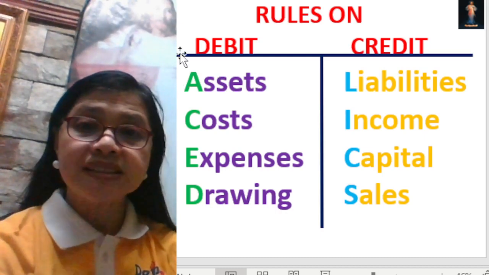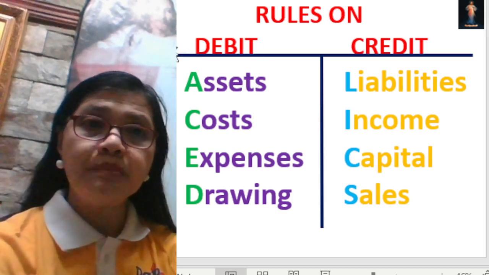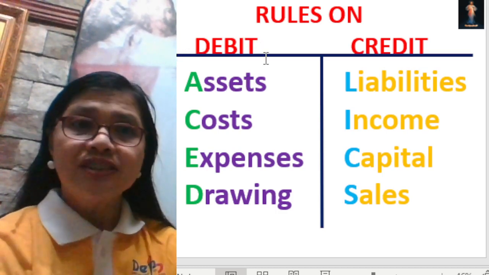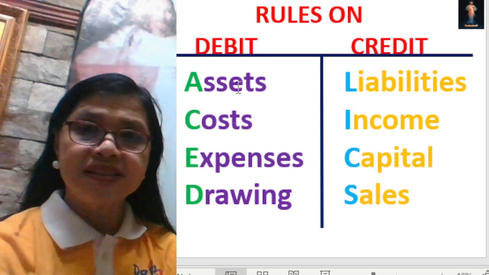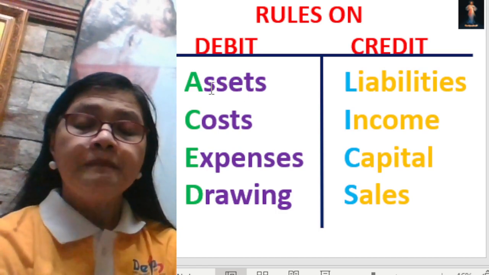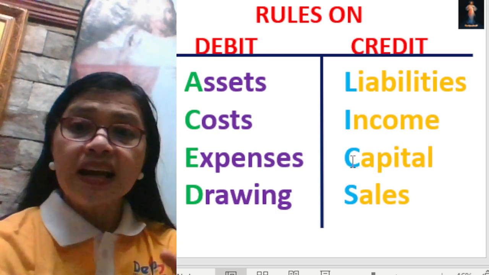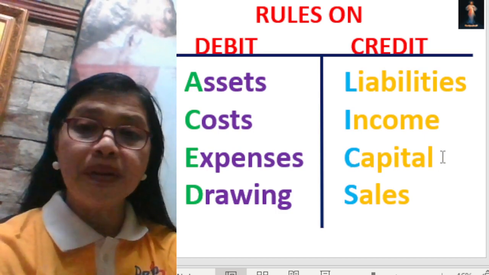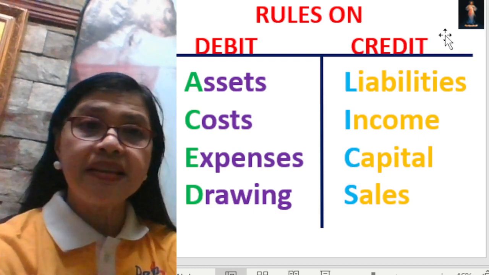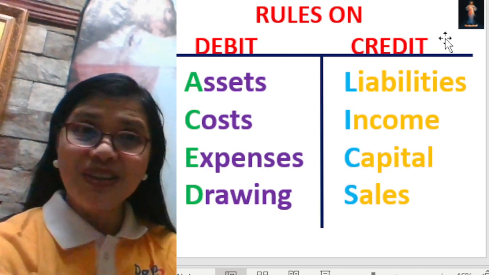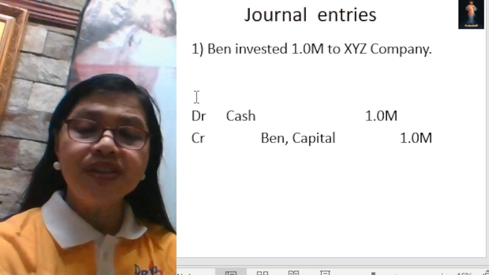And cash has a normal debit balance. So because that was a normal transaction, we will debit cash and credit the capital. Capital has a normal credit balance. Do you get it? I hope you are following. I'm doing this very slowly.